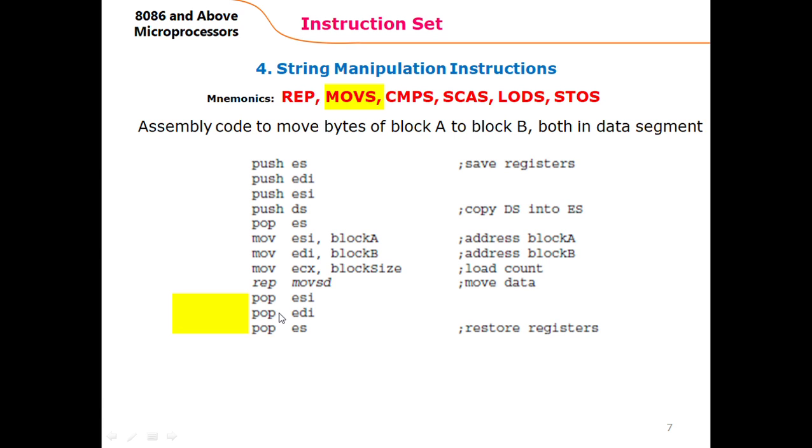And after this pop, the stack pointer is pointing to the top of stack, which is storing the value of ES. So pop ES is used in the reverse order. Push ES was used first, and pop ES is used last. That means the stack is working as last in, first out.